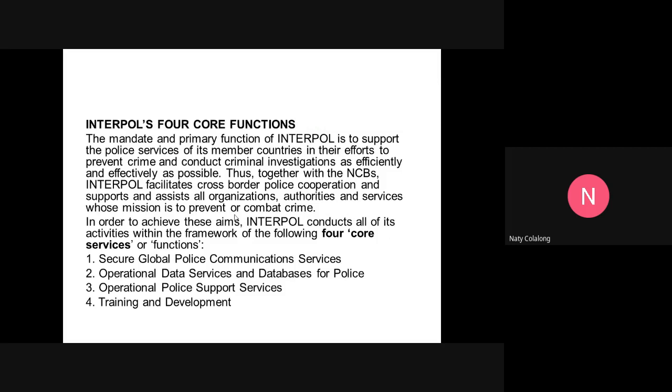In order to achieve these aims, Interpol conducts all of its activities within the framework of the following four core services or functions. We have the secure global police communication services, operational data services and databases for police, operational police support services, and training and development.